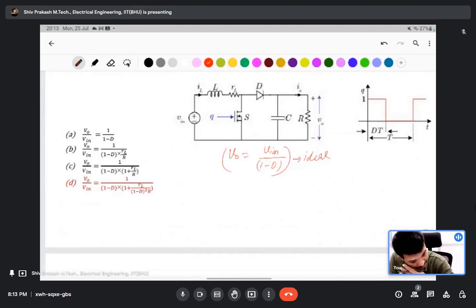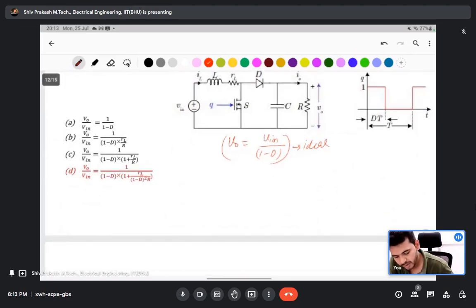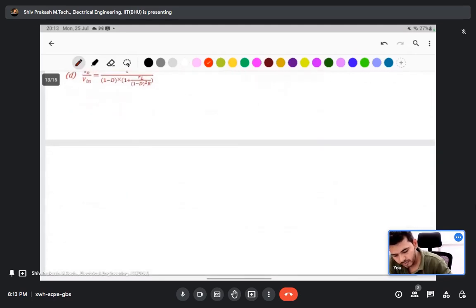And one thing here is the switch resistance. The on resistance is not given, which means the switch is ideal here. Then you find it the same way as in the fourth question. First, switch on.